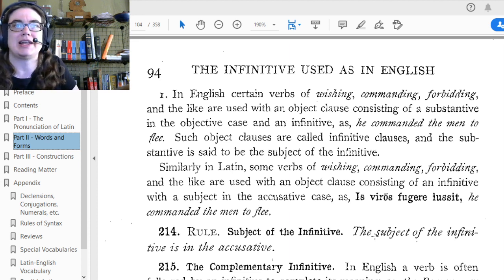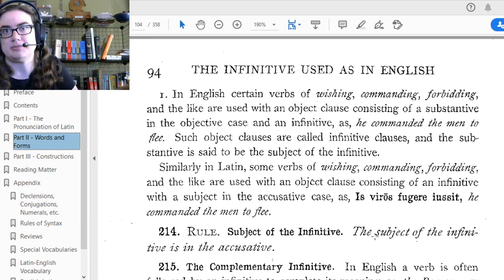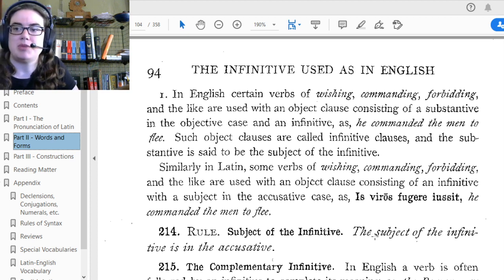I'm sure we're going to learn later that it's constructed just a little bit differently, but still pretty similar. All right. Similarly, in Latin, some verbs of wishing, commanding, and forbidding are used with an object clause, a clause that serves as its direct object, consisting of an infinitive, and the subject is going to be in the accusative case. So he commanded the men to flee. The men are going to be in the accusative.